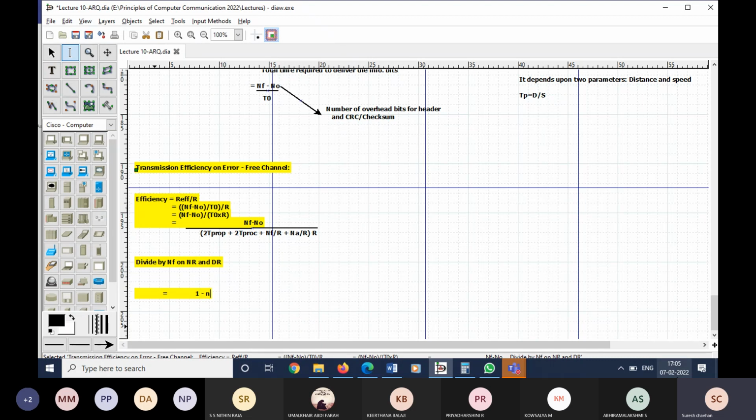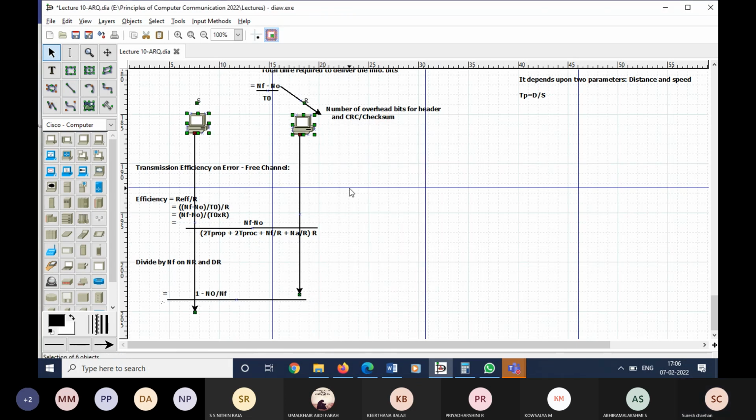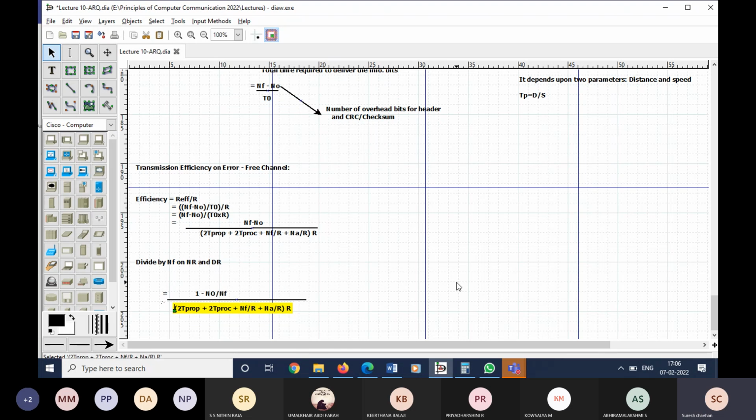So 1 minus overhead divided by NF, correct? 1 minus N overhead divided by NF, correct? So I'll make it like this. Okay, I'll paste this one here.